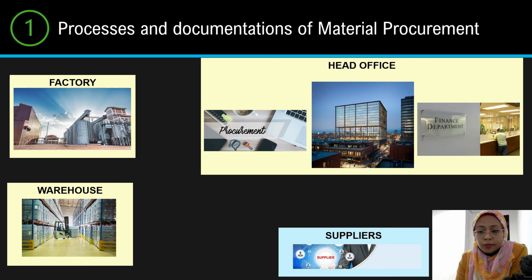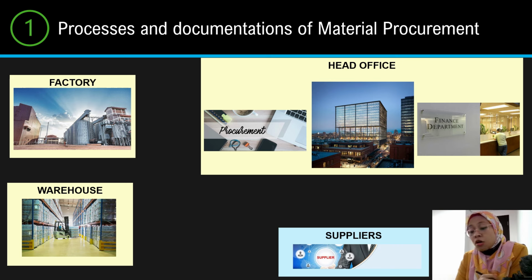Look at the right side here, we have a head office. Inside the head office usually we will have several departments, among others a finance department as well as a procurement department. The word procurement refers to purchasing department.